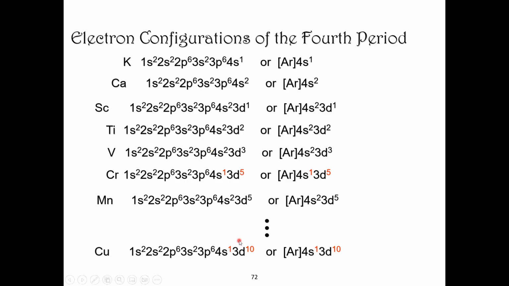And again, it's the best if it's either empty, full, or exactly half filled. So if we take one of those s electrons and move it to the d subshell, now we completely fill in the d block and have the s block half filled. So that's why we'll see exceptions in some cases with things like chromium and copper.